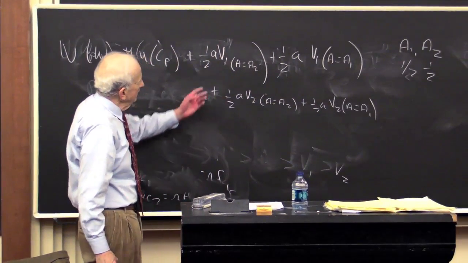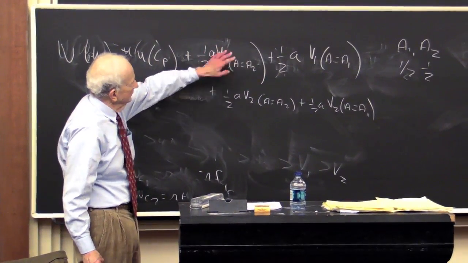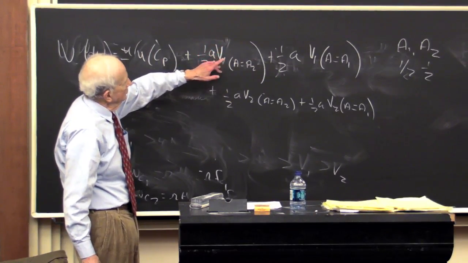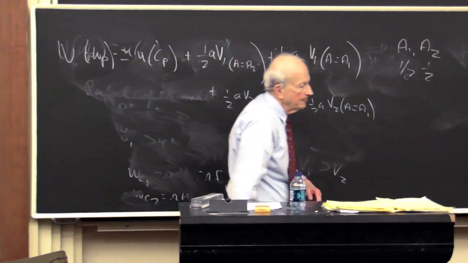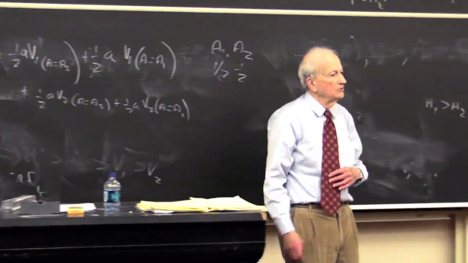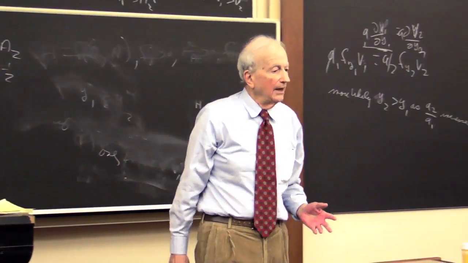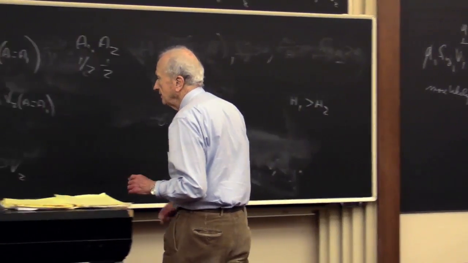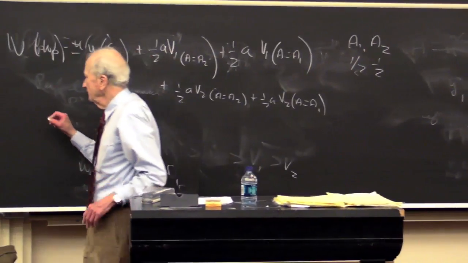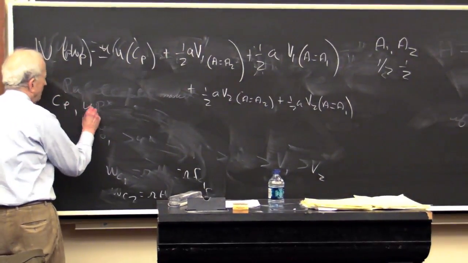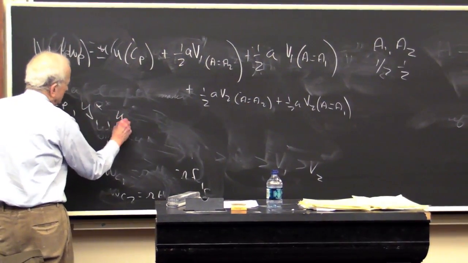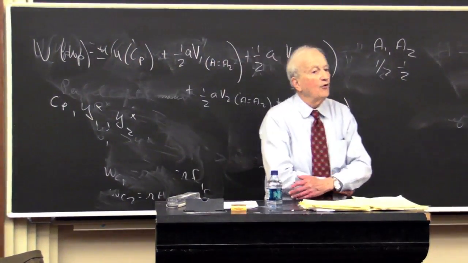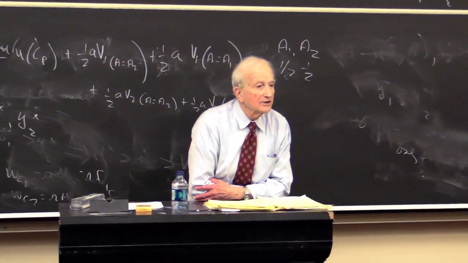So they have two kids, they like them equally much, the V's are the same for each kid, the functions are the same. There are two possibilities on abilities, and they don't know, but they have to make their decisions on Y. They have to choose C_P, Y1 star, Y2 star, and make that choice before they know which kid is able and which isn't.